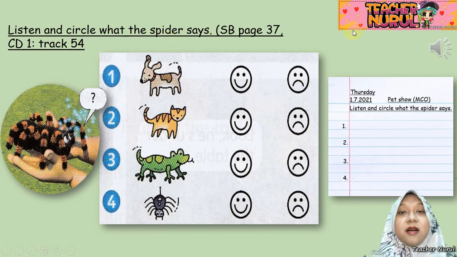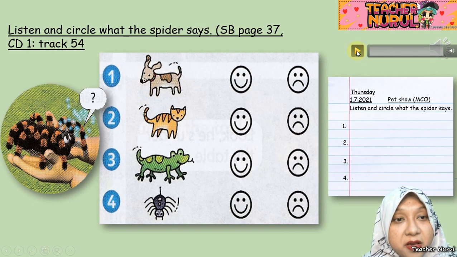Listen and circle what the spider says. Now look here, we have the spider. What is the spider going to say about the animals? Whether it likes it or not. Now let's listen to the audio. Are you ready?